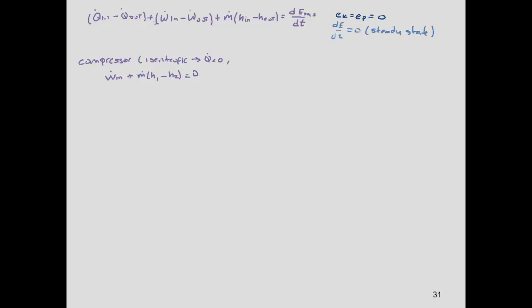So solving for work in, we're going to have mass flow rate times H2 minus H1. If we divide by the mass flow rate, then specific work in will be H2 minus H1. So this is for the compressor.